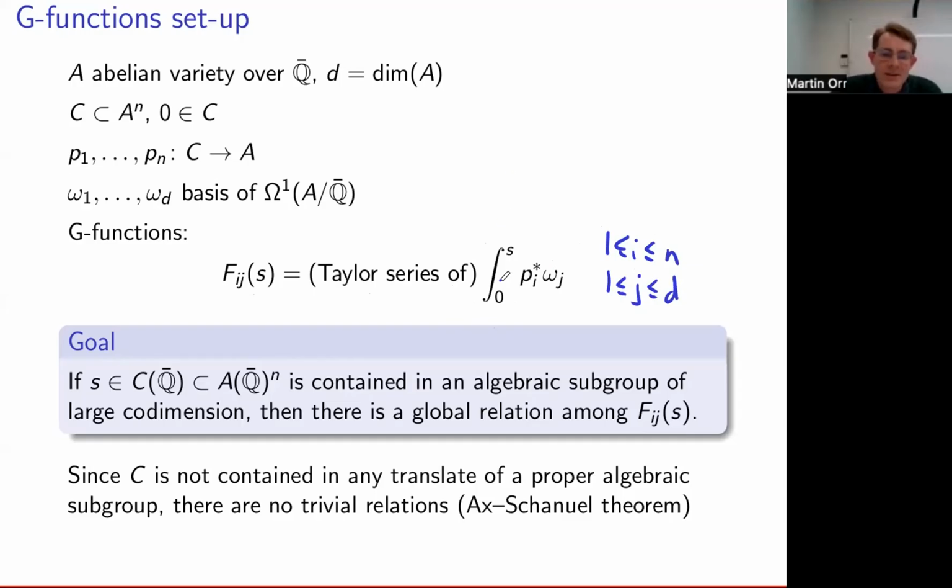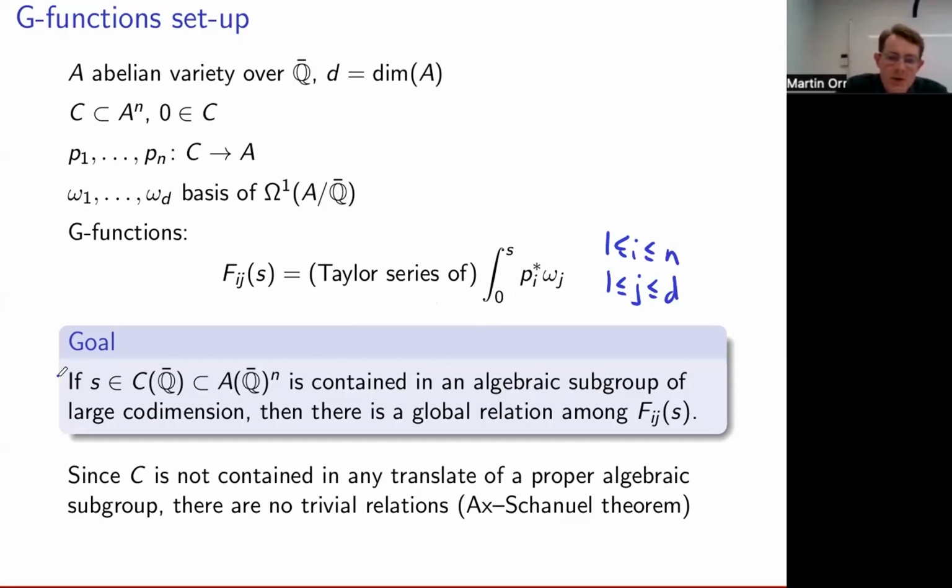And I needed the 0 in the C because I needed to pick some base point that I was going to expand around, basically. And it will matter a little later on that I did pick the 0 of my abelian variety as the base point.